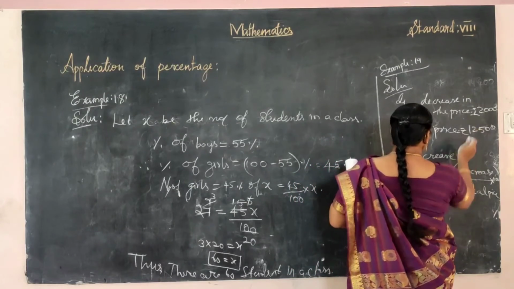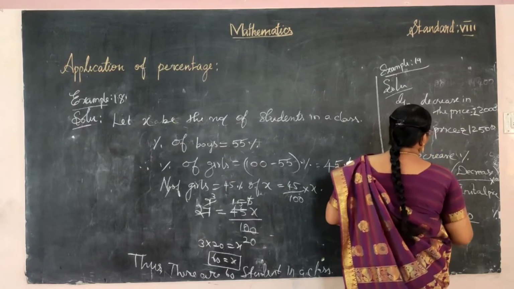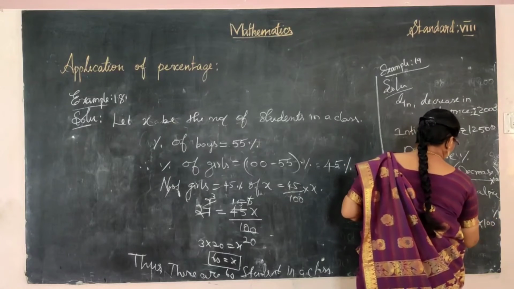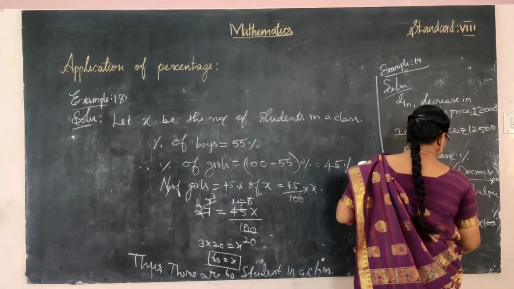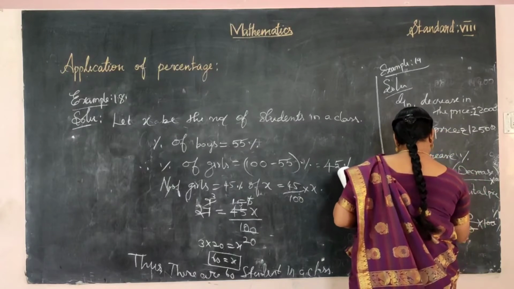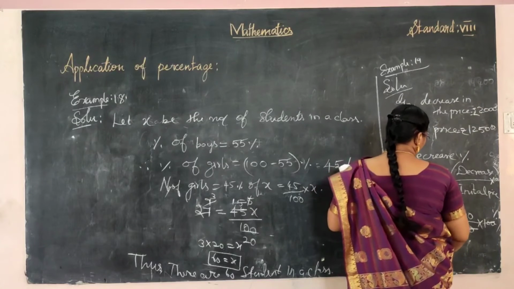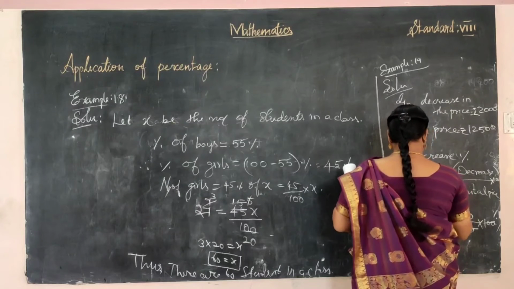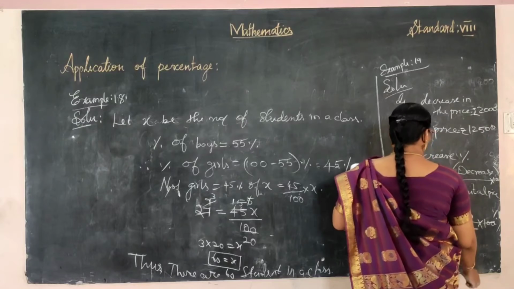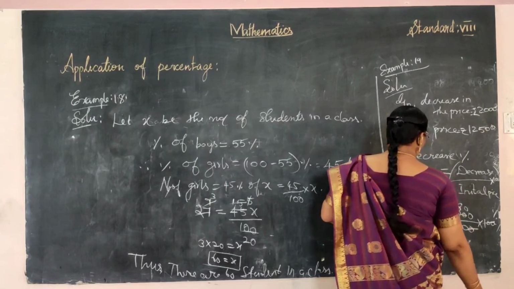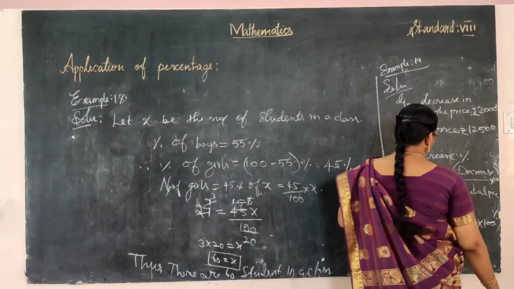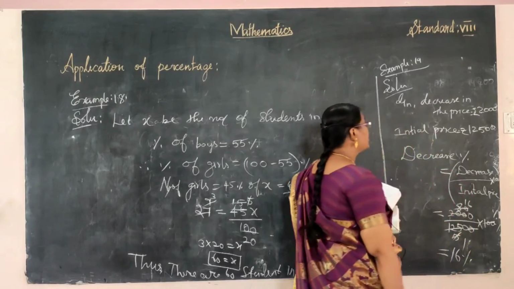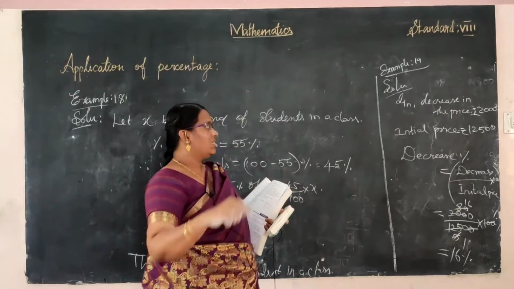The decreasing value was 2000, and the initial price is 12,500, into 100 percentage. Cancel. 25 table, so 5 times 25 here. 5 ones are 5, 5 ones are 5, minus 3, 16. So 16 percentage decreased.